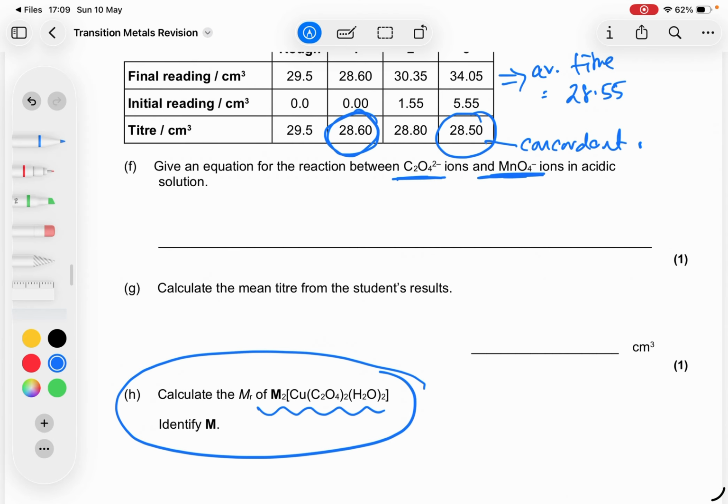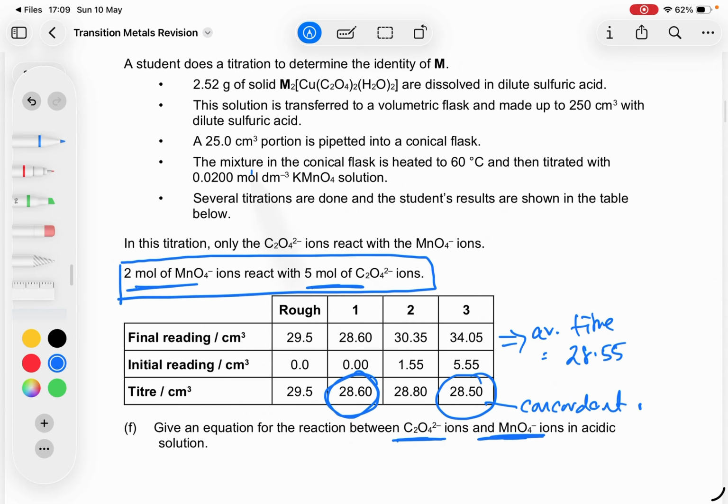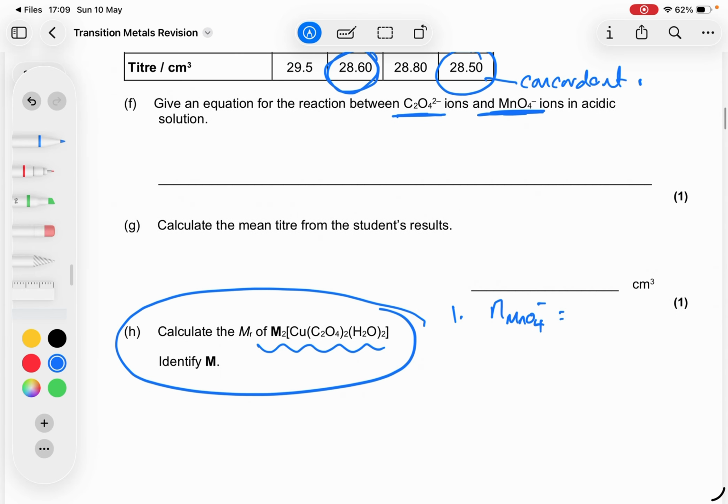What do we know? So, number one, we can work out the moles of manganate ions because we know its concentration, which is 0.02, and we know the average titer, and that gives me the moles of manganate, which is 5.71 times 10 to the minus 4.